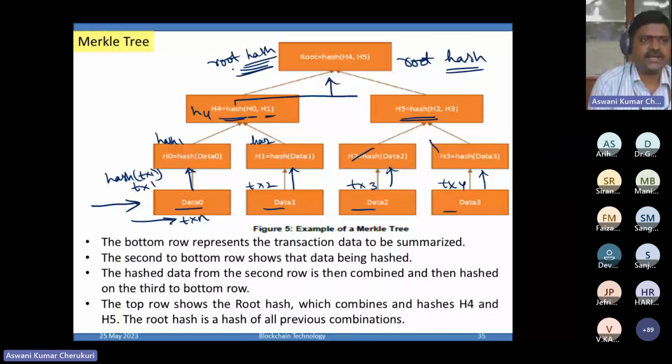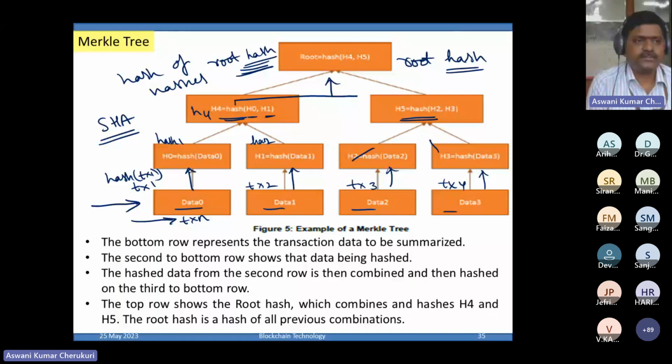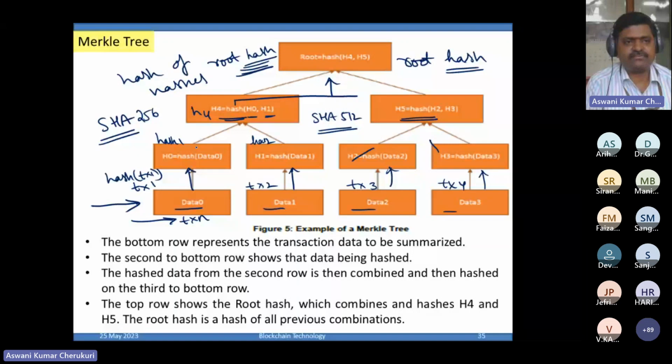You can think of it as the hash of hashes, because each transaction has its hash, and these hashes are created with the help of an algorithm called the Secure Hash Algorithm. Typically you have SHA-256, and of course we also have the SHA-512 algorithm, using which you take a transaction and create a hash of it.